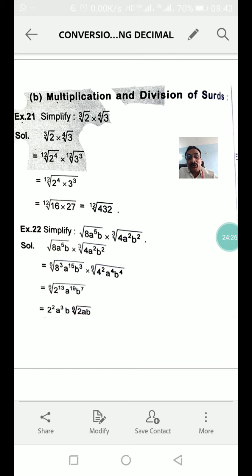In this way you get the 6th root of 2^13 a^19 b^7. Now you subtract 6 from 13, 19 and 7, and then you take out 2^2 a^3 b, giving 4a^3 b times the 6th root of 2ab.